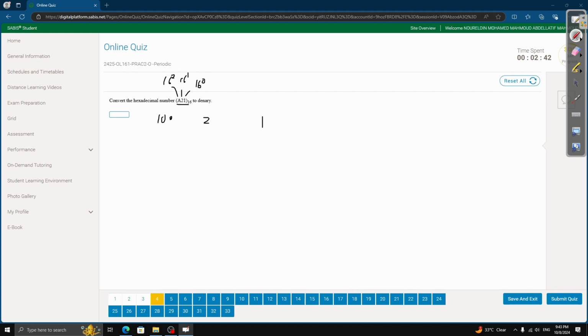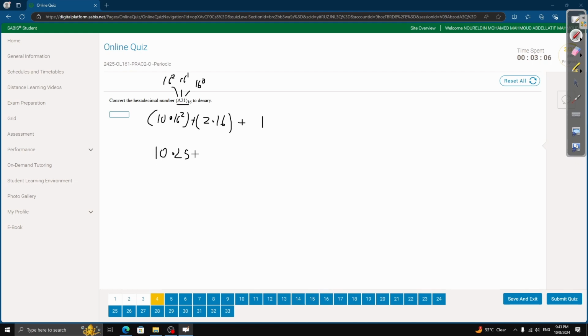So multiply this by 16 to the power of 2, add this to that and multiply by 16, and this one by 1, which is 1. You don't need to do anything really. 16 squared is basically 256.